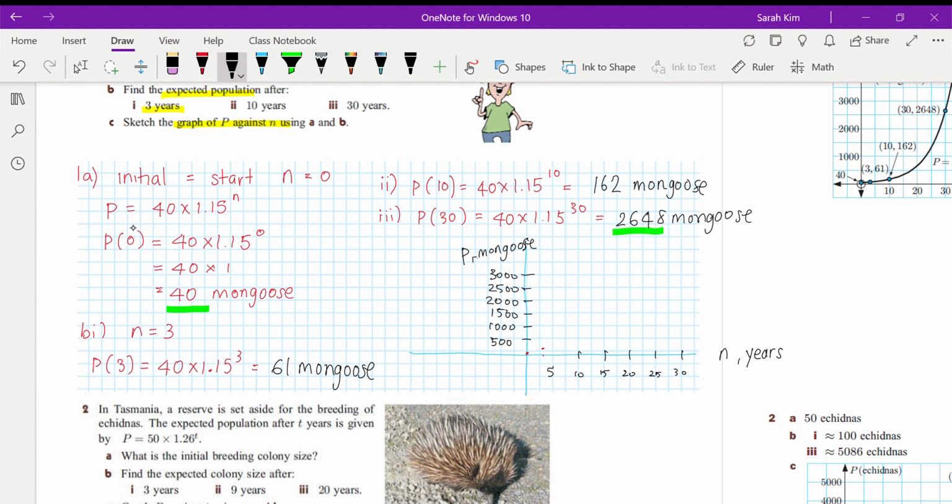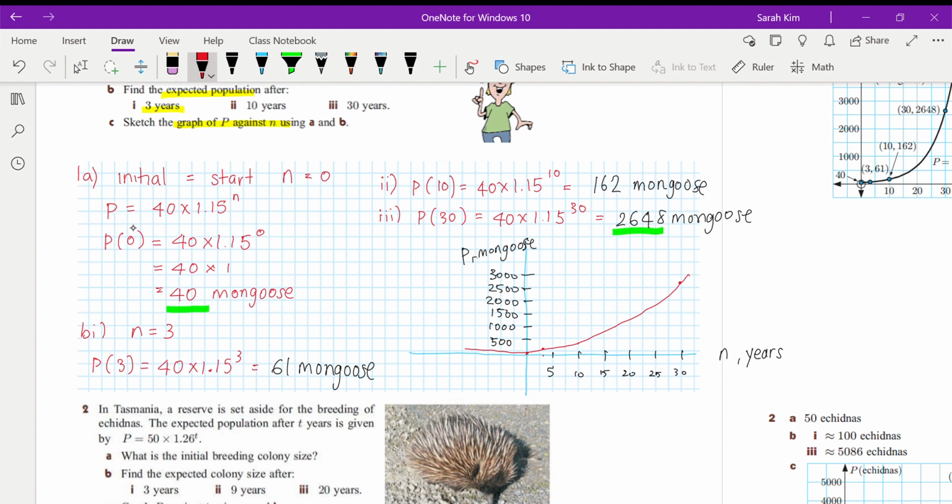Okay, now I have 10 years, which gives me 162 mongoose, so it goes up by a little bit. And then 30 years, it's at about 2,648, which is about here. All I have to do is connect the dots. Obviously, hopefully your graph is looking a little bit better than mine because mine's scaled very loosely on the y-axis.